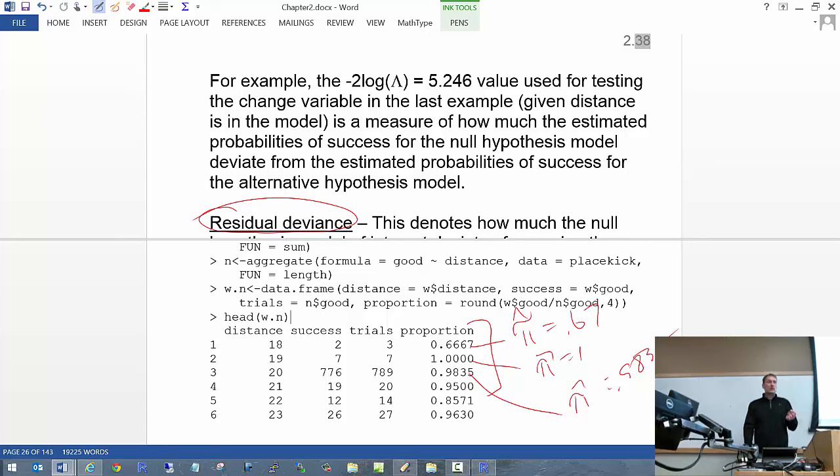Where with the distance-only model, it just so happens the way this is organized, I'm using the numerical value of distance to help me relate it to the probability of success, and that's why I only have 2 parameters.